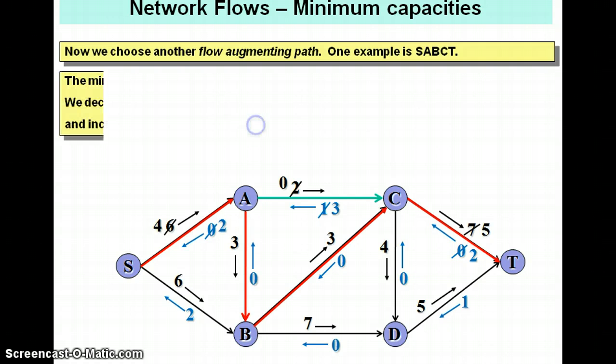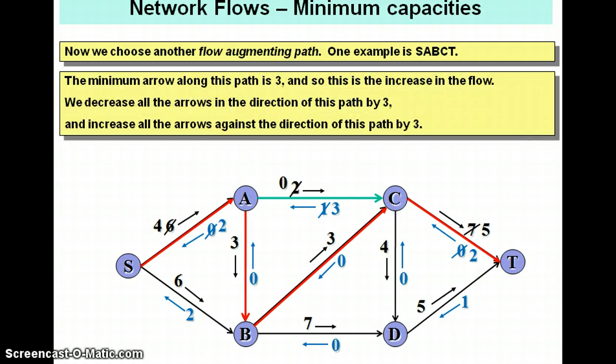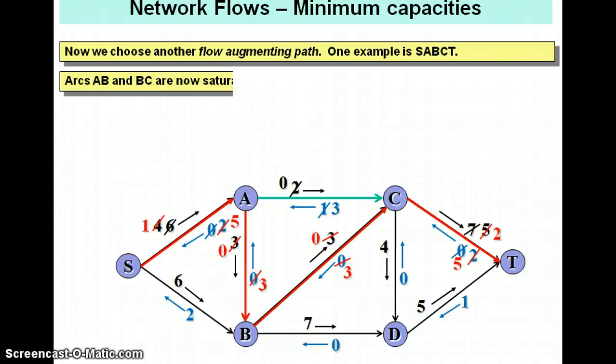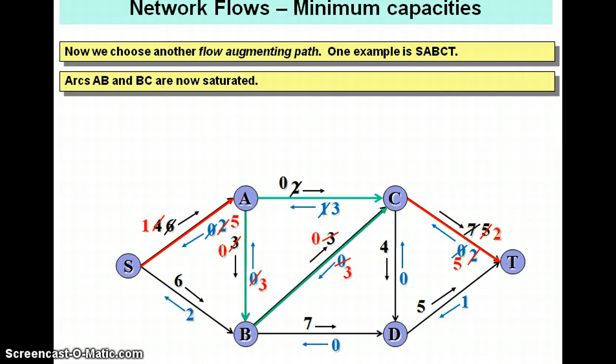SABCT, we have a minimum of 3 there, so we do the same there, increasing the potential backflows and decreasing the excess capacities. We now have 2 more saturated arcs, so indicate that.